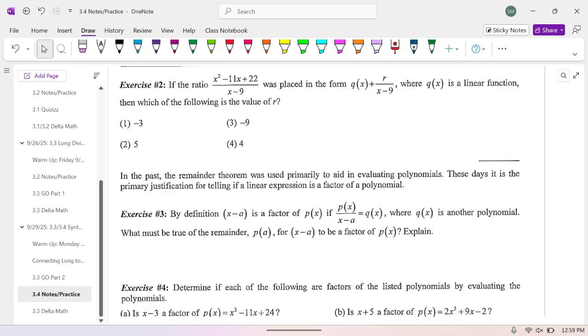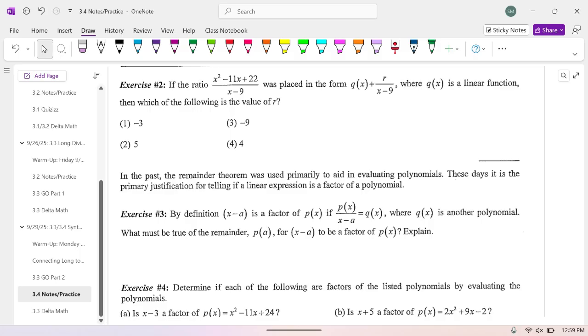Technically, some of the ones that we divided into, like A and B, were not factors of the original polynomial. What do you think would happen if we had a factor? How do we know if a linear binomial is a factor of a bigger polynomial? I'll give you a hint. It has something to do with the remainder.